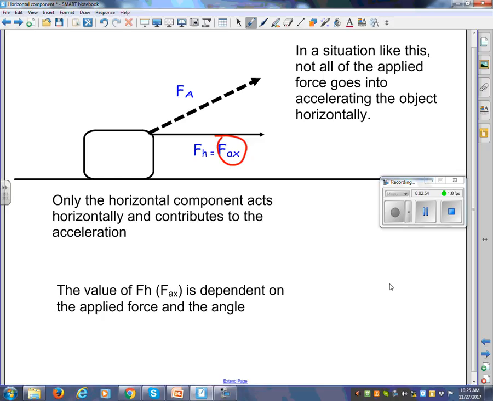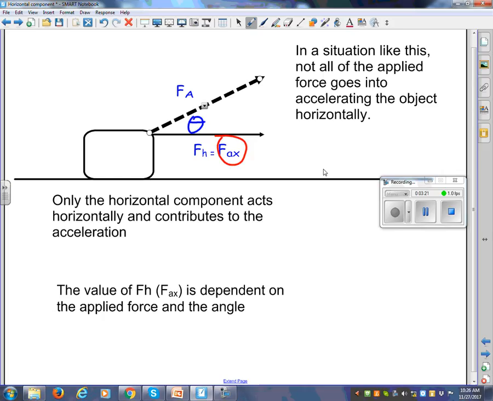And obviously, if the angle was right down to 0, well then the FA would equal the FAX, right? And if the FA is straight up, how much FAX is there? None. Right? The angle's 90. If the FA is straight up, well then there's no sideways at all, right? So it does depend upon this angle in here, which we of course call theta. Okay, I'll pause there for a second.